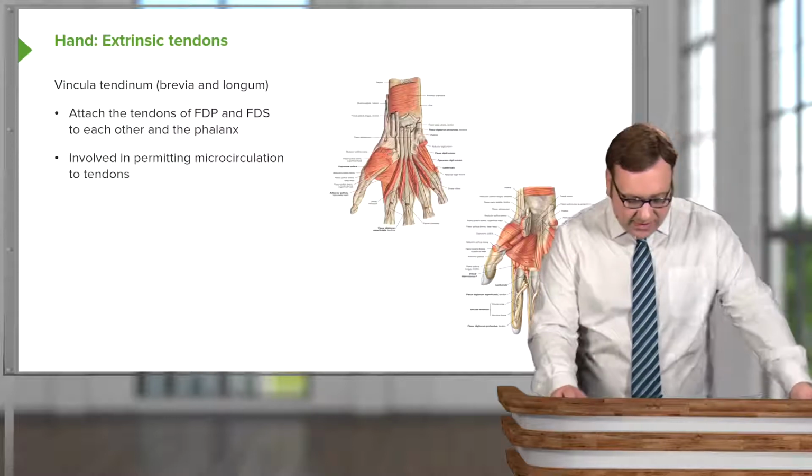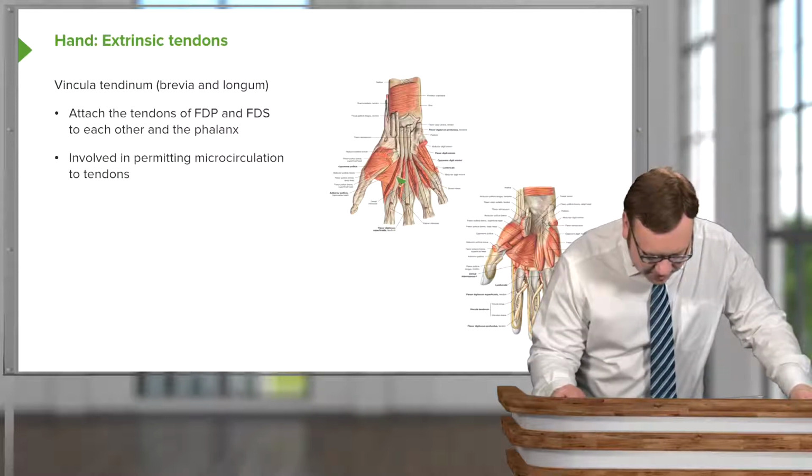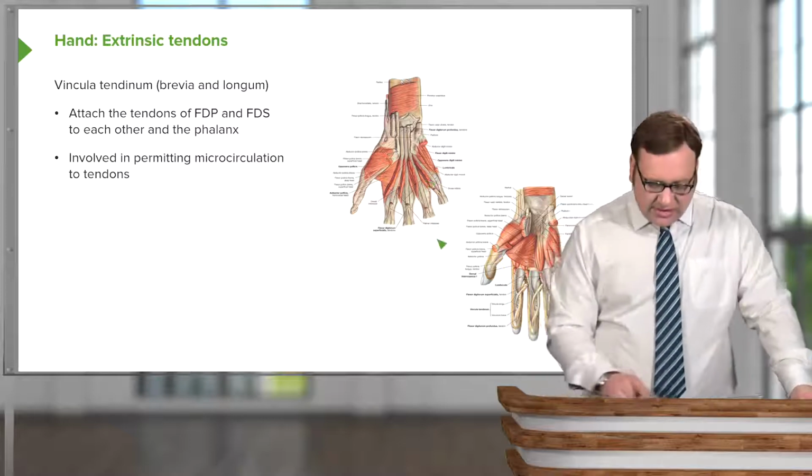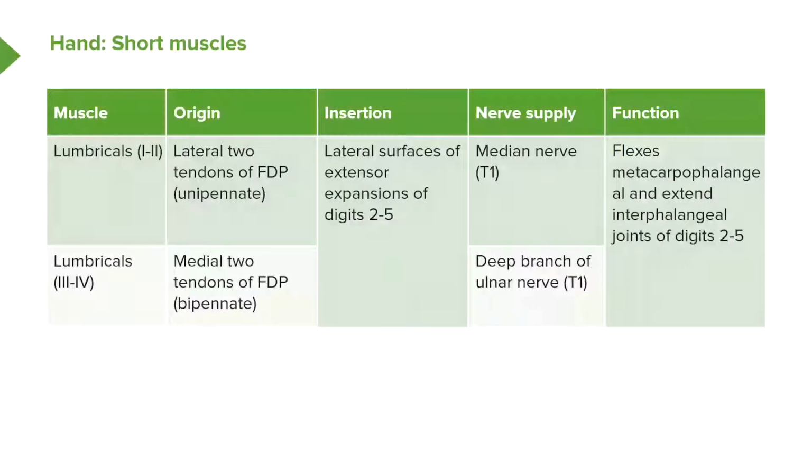So we can see these lumbricals here. We've got a lumbrical here, here, here, and here. And these lumbricals are coming from the lateral 2 tendons of flexor digitorum profundus, and from the medial 2 tendons of flexor digitorum profundus.